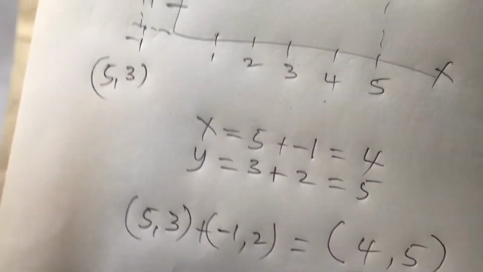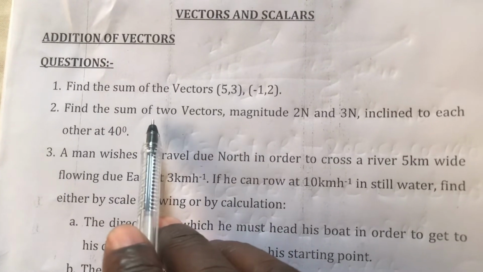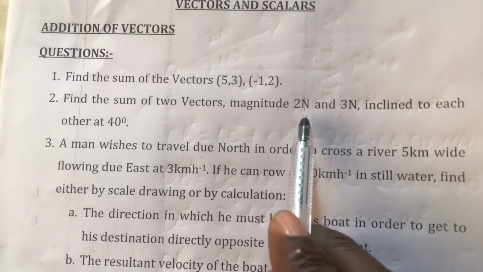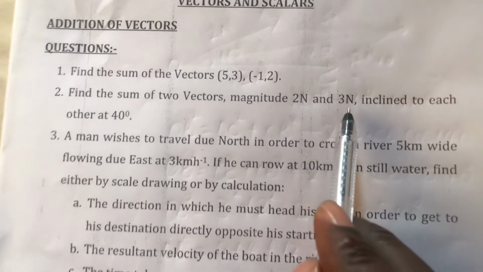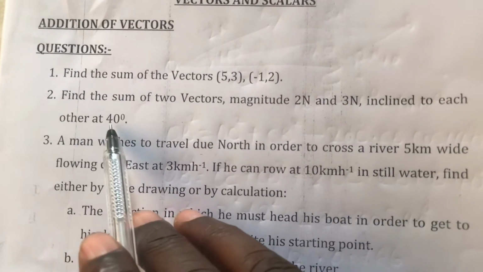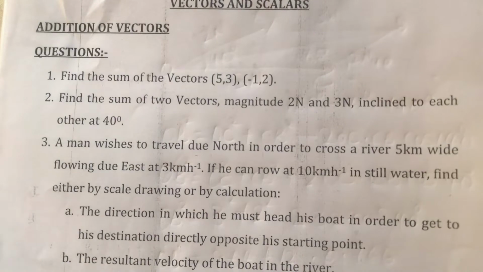Question number 2. Find the sum of two vectors, magnitude 2 Newton and 3 Newton, inclined to each other at 40 degrees.